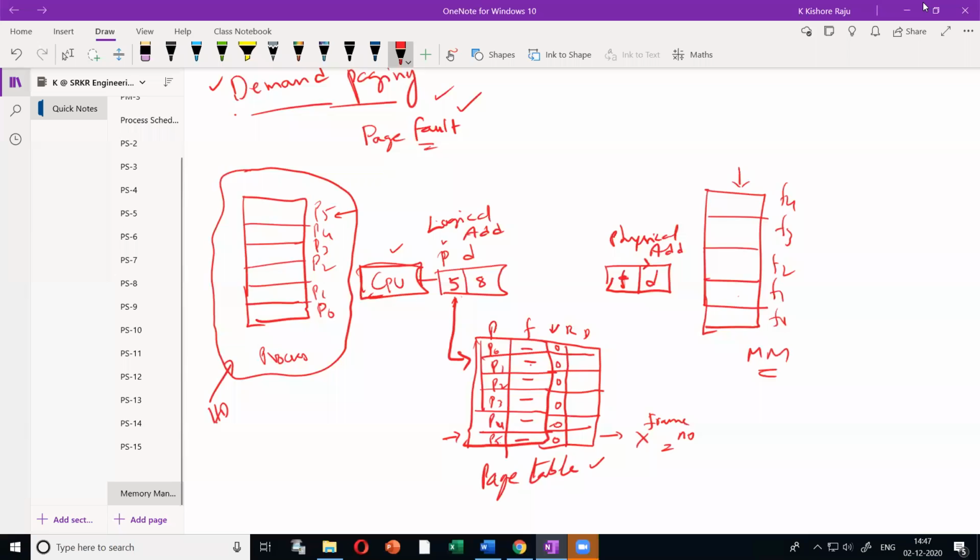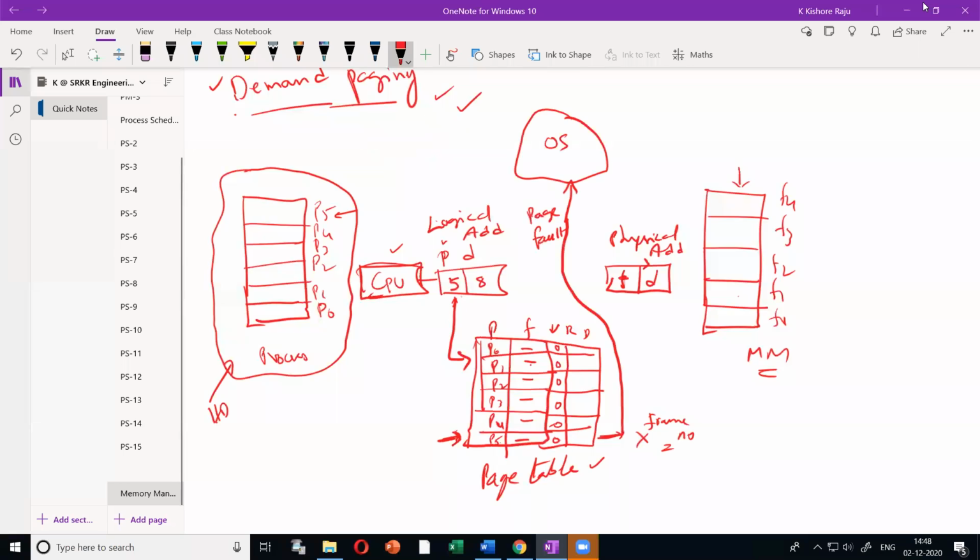So if the valid bit is 0 and you are trying to access P5, then it will raise a trap to the operating system. That trap I will call a page fault.